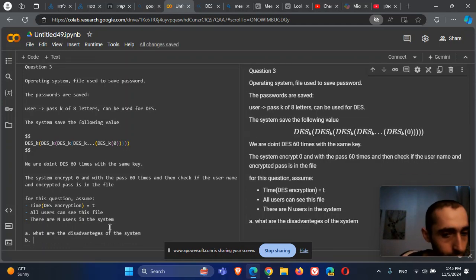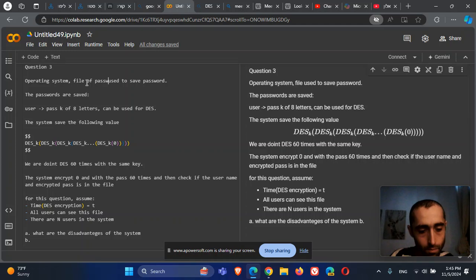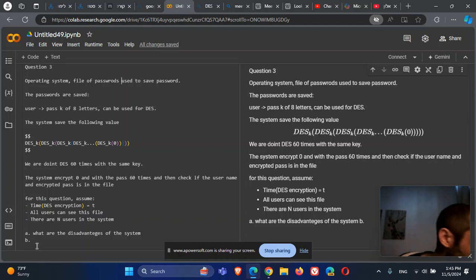B: an attacker wants to get into one of the accounts in the system, and he has the file of passwords. Assume that all the passwords are different.